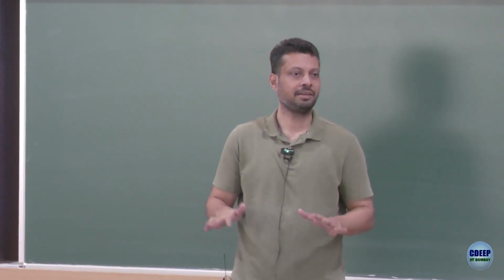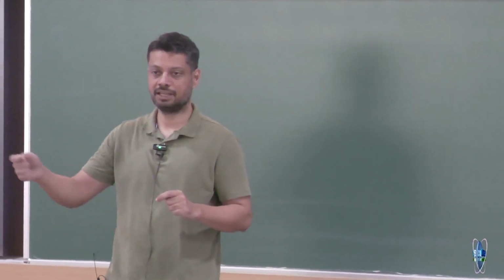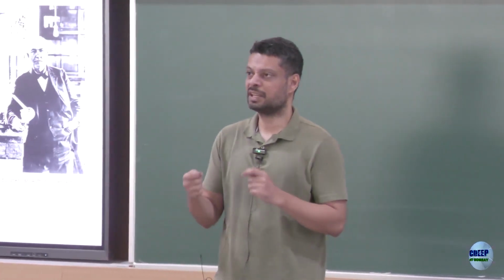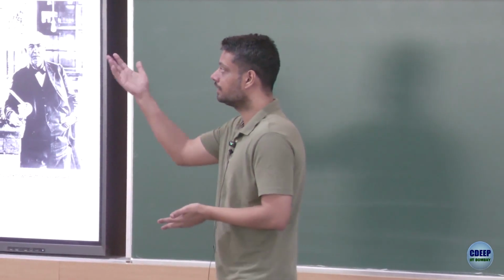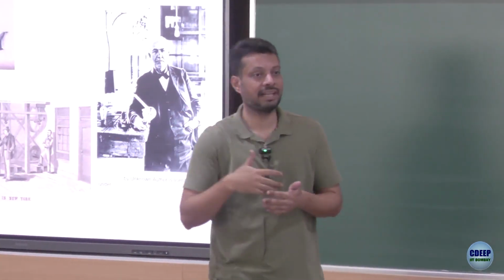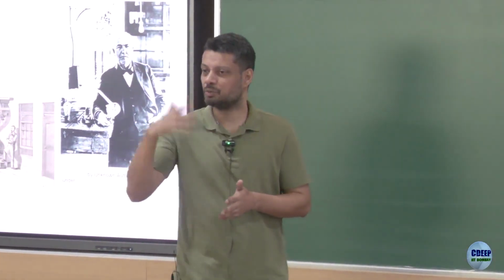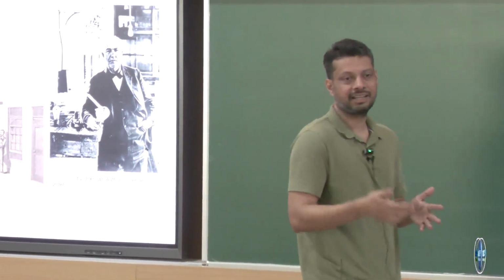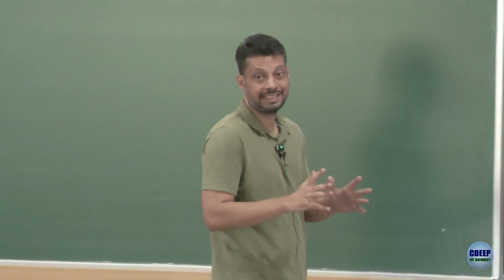Everything was nearby, because with 110 volt you cannot really take power very far. Even if you generate it in this building and try to take it to the electrical engineering department or the hostel, you would see that if you start drawing more power, there are substantial voltage drops. You may not get 110 there, you may get 100, 90, or 85, which is not good. So, this was a small DC system.